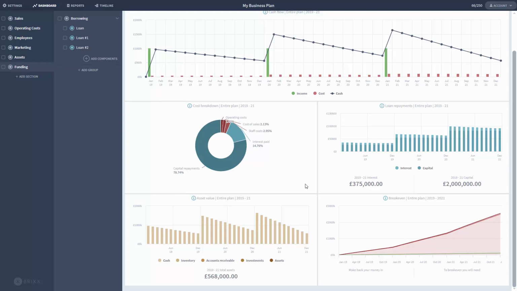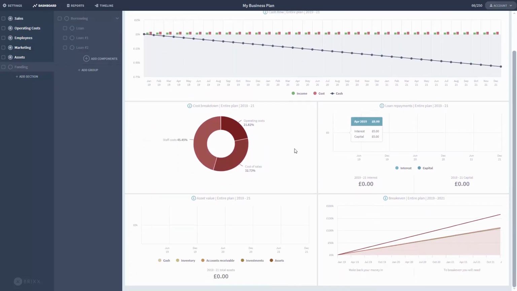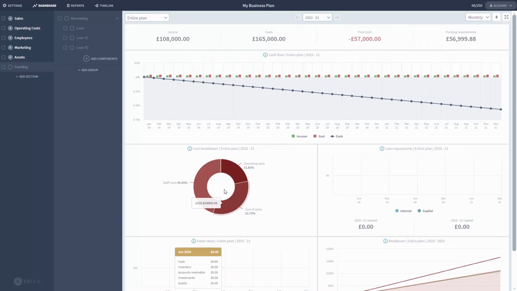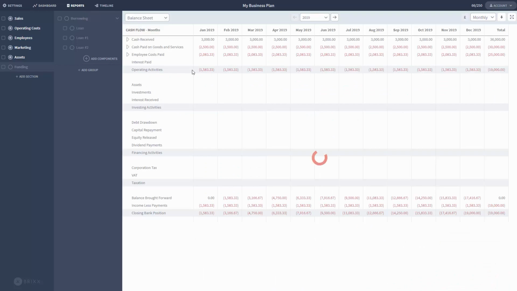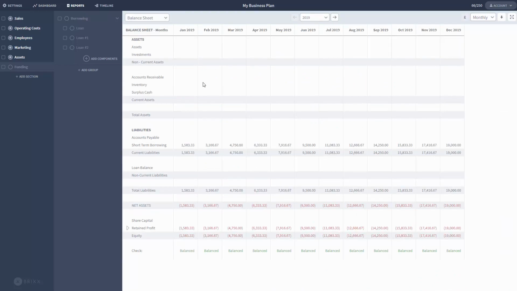Let's keep going down the page onto asset value. Let's turn off these loans because they're creating quite interesting numbers that it's going to be hard for us to keep track of. So the asset value chart is actually a reflection of one of our reports, which is the balance sheet.